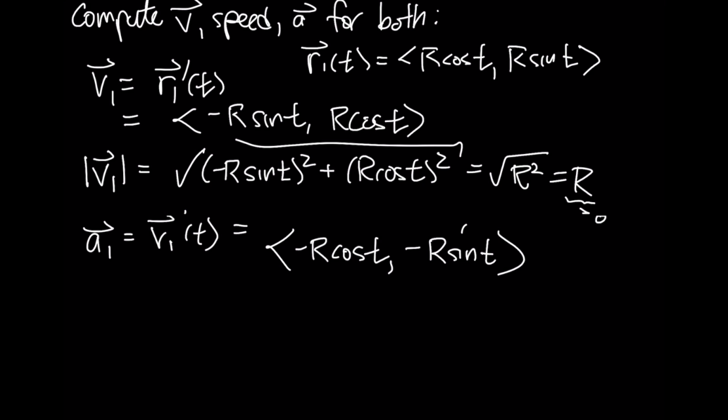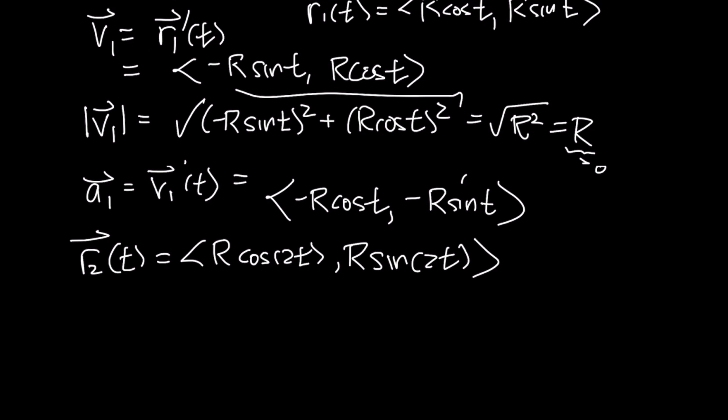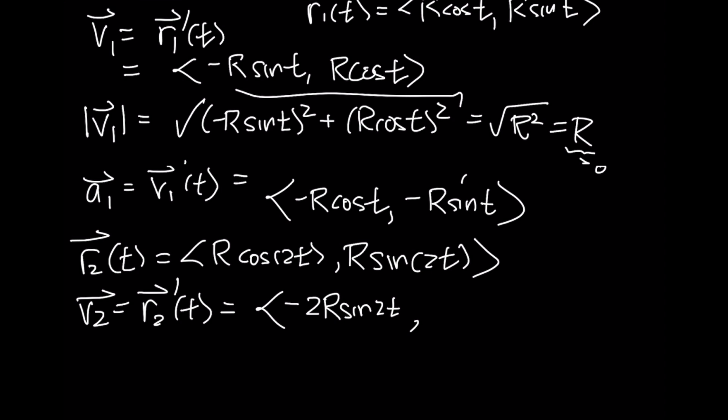So that's just a computation related to the first path function that I've given you. Now I'm going to do the same thing for the second one, r cos 2t, r sin 2t. The velocity, which would be the derivative of this function, I have to use the chain rule, and I'll now get negative 2r sin 2t, and 2r cos 2t.